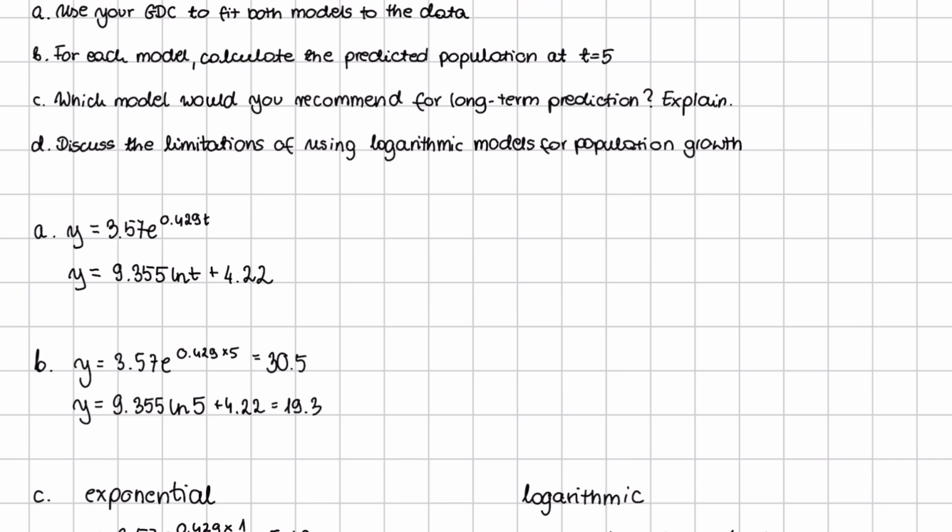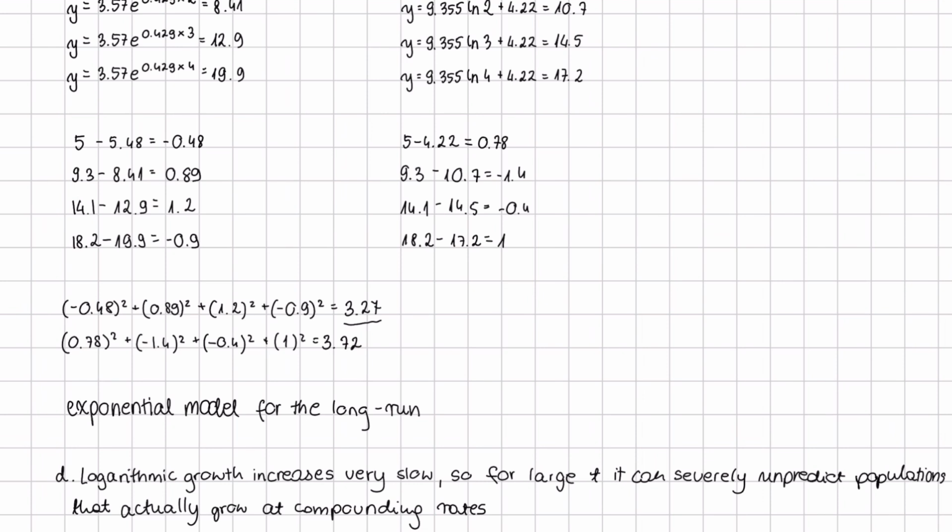So for large t, it can severely under-predict populations that actually grow at compounding rates. And our final answer can look like this. And it was the last problem from this nonlinear modeling topic, as well as from the whole chapter functions. So stay tuned for the next chapter.